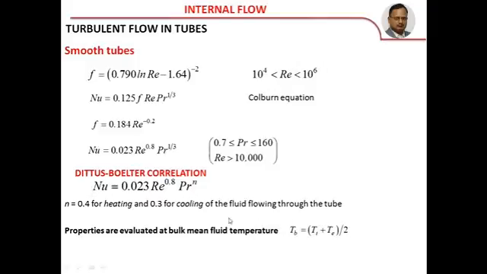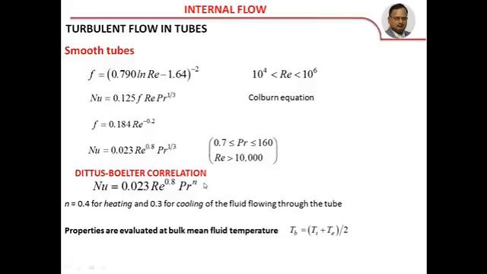So if you take this equation Tb equal (Ti plus Te) by 2, calculate the bulk fluid temperature, and at this bulk fluid temperature extract the properties, use the Dittus-Boelter correlation, you will get the value of Nusselt number.